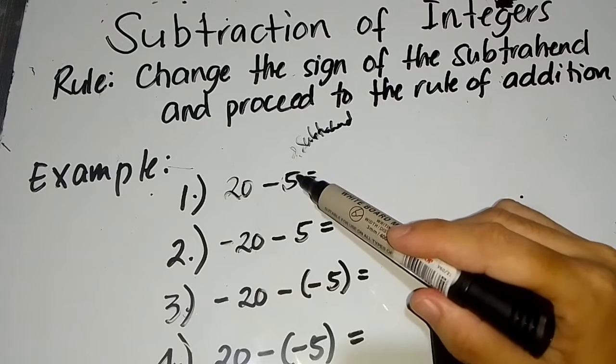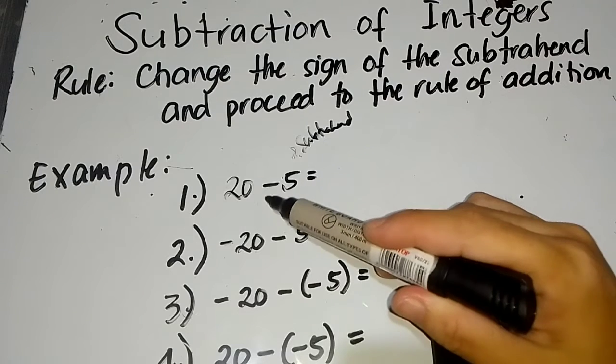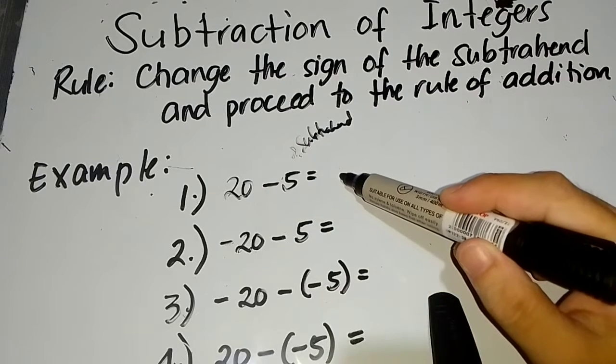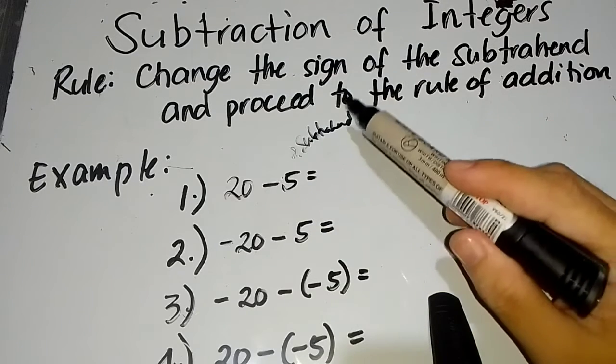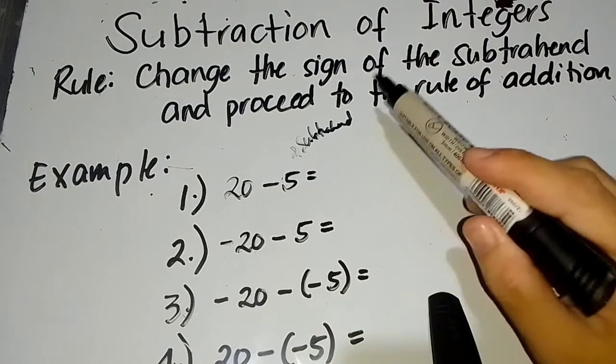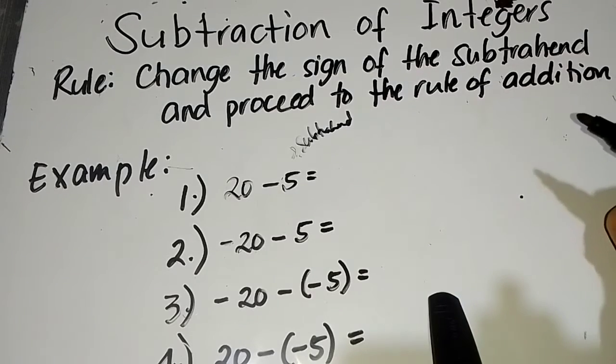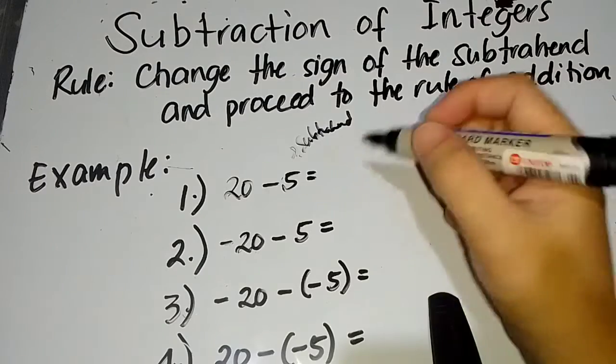It is understandable and we all know that 20 minus 5 is 15. But if we are going to follow the rule of subtraction of integers, we copy 20.